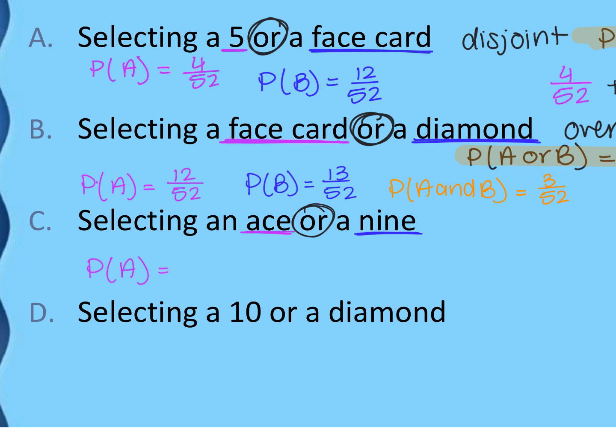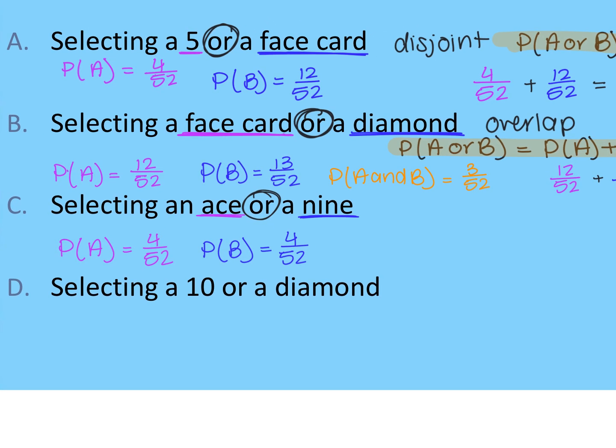I'm going to have 4 over 52. How many 9s am I going to have? 4 as well. Is this disjointed or overlap? Good, it's disjointed. My aces are separate from my 9s.